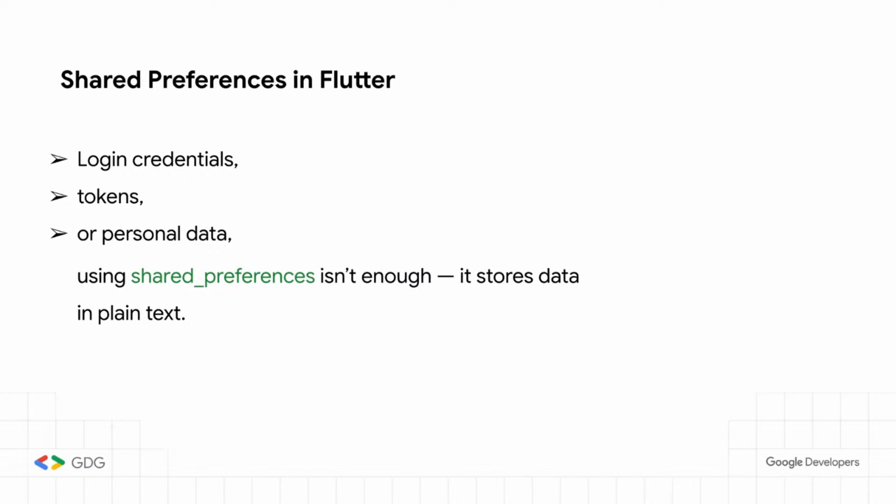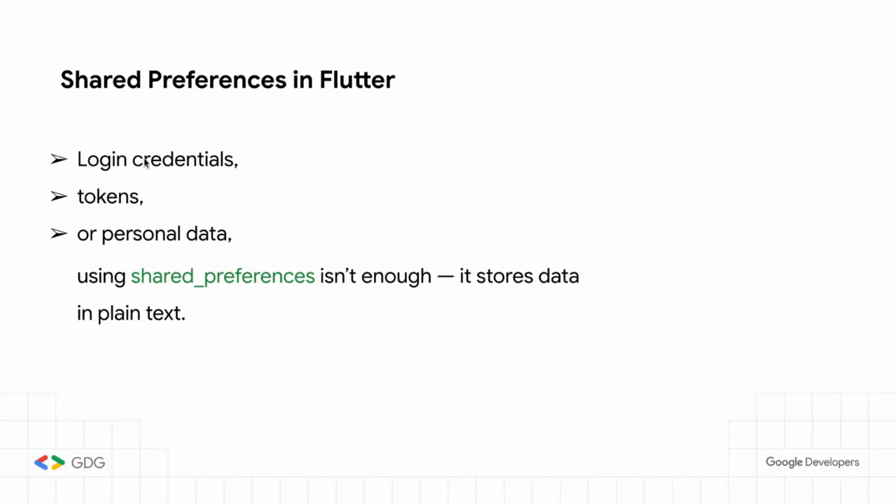I said that data like your name and your mobile number is not very sensitive within the application. So for such data, we can use shared preferences, and it is going to store my name as it is. So this is the difference between secure storage and shared preferences.